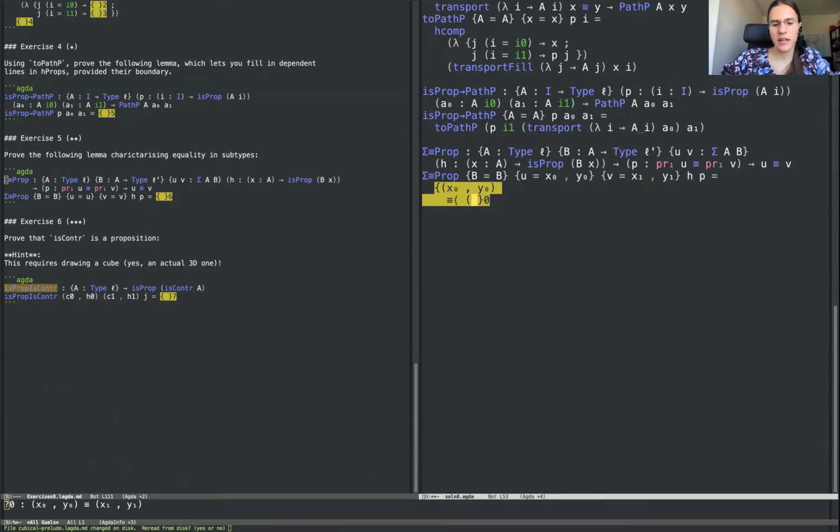And then I'm going to consider the path P of I, comma, and then I'm going to consider transporting, or let's say transport fill, that takes a parameter D. And then I'm going to consider doing that with respect to the point Y naught. And then I'm going to evaluate this at I.